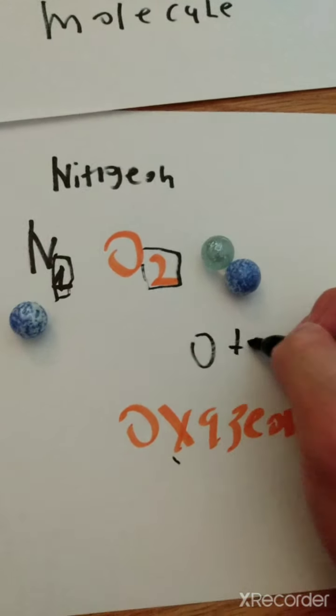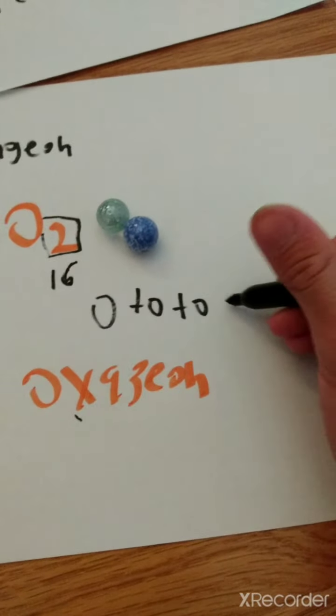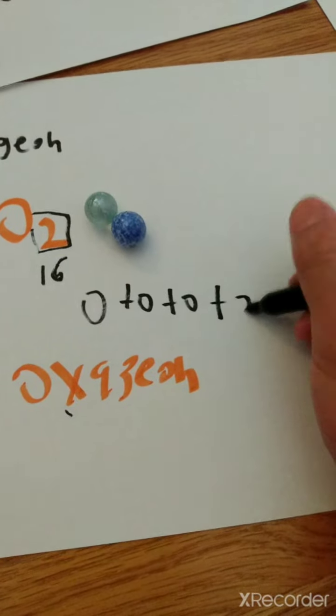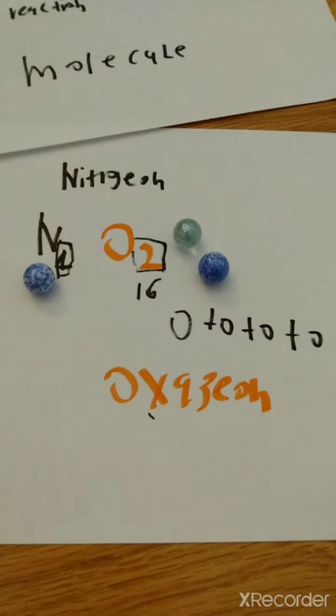Sometimes elements will actually have atom counts higher than 10. So you do not want to write O plus O plus O plus O plus O plus O. That subscript is going to help you save time while solving these problems.